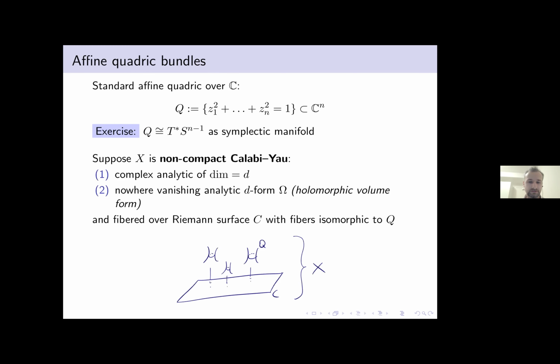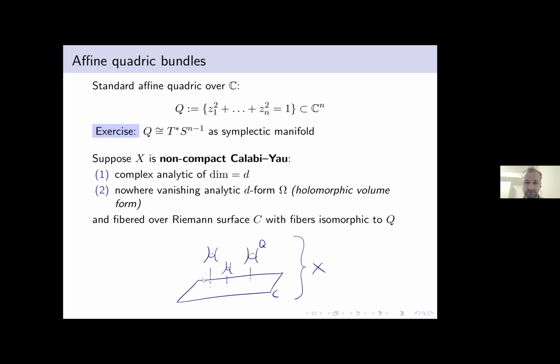Now I want to consider a family of these fibered over a Riemann surface, so that the total space is a non-compact Calabi-Yau in the following sense. I'll really only care about the complex structure, and that I have a holomorphic volume form, which is a nowhere vanishing middle degree form from the real analytic perspective, top degree from the complex analytic perspective.